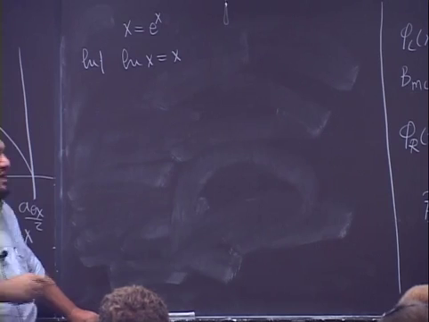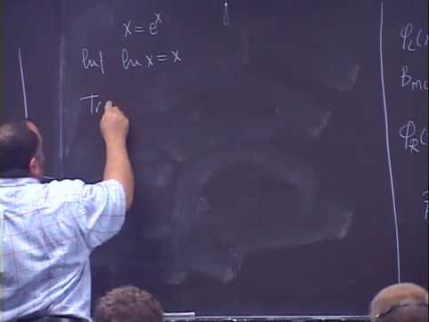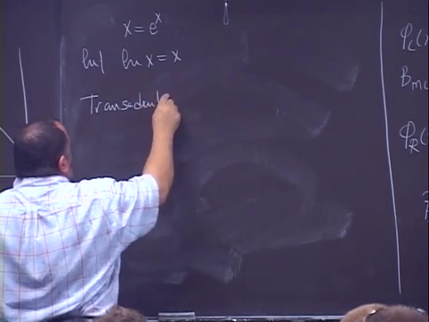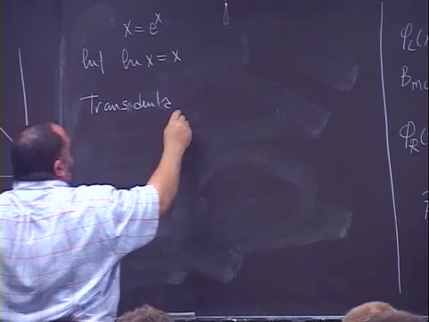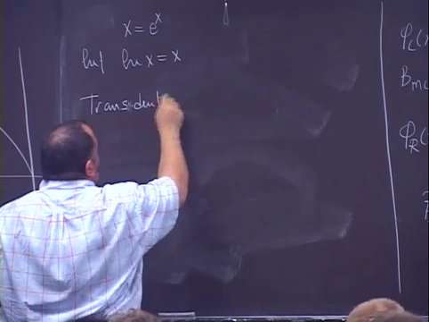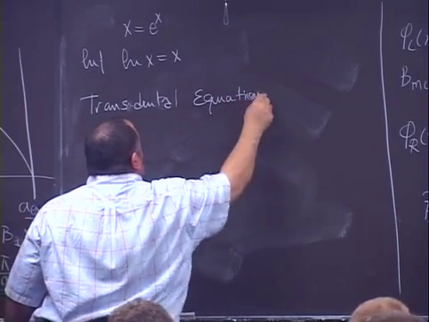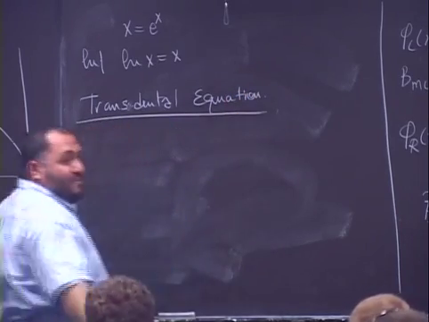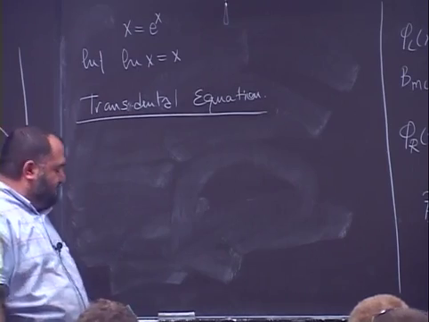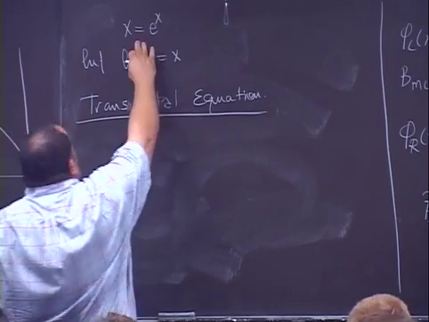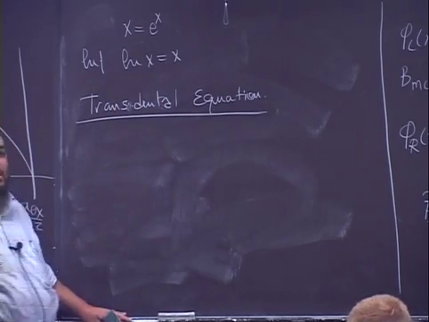So this is called a transcendental equation. How many of you heard about a transcendental equation before? Only one. Okay. To solve a transcendental equation, you can use two techniques.